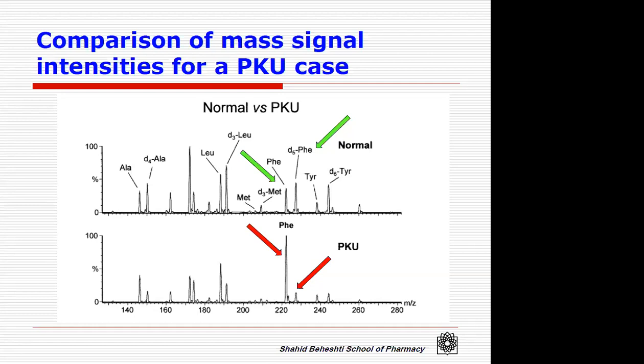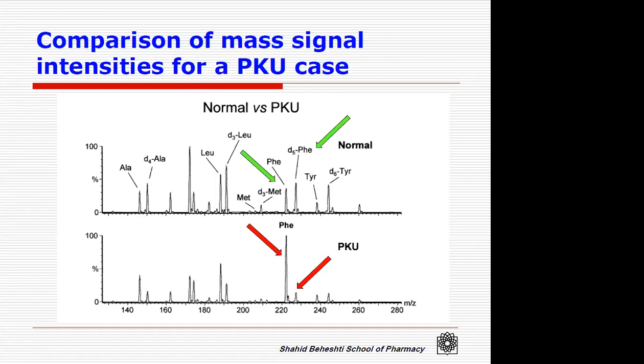But look at the other spectrum in the bottom. Again, we have natural phenylalanine on your left, and the labeled phenylalanine on your right hand. The labeled phenylalanine has been added to the sample at the pathological concentration.